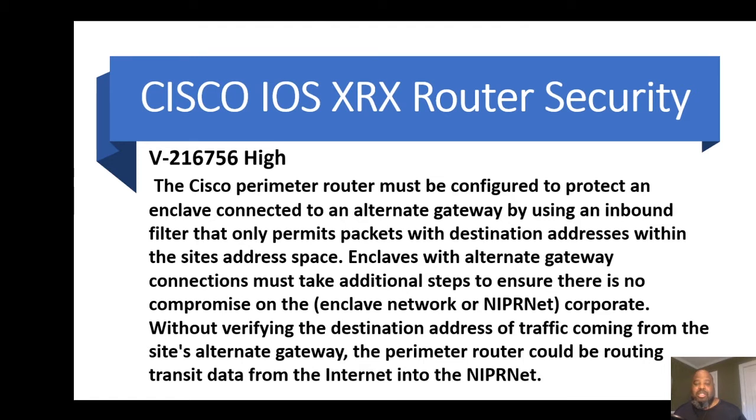The perimeter router should be routing transfer data from the internal network out to the corporate network. So basically, piggybacking on the other one, all that traffic should be co-signed. Usually there's two gateways, a default gateway and an alternate gateway. So those same permissions should be put on the alternate gateway also.